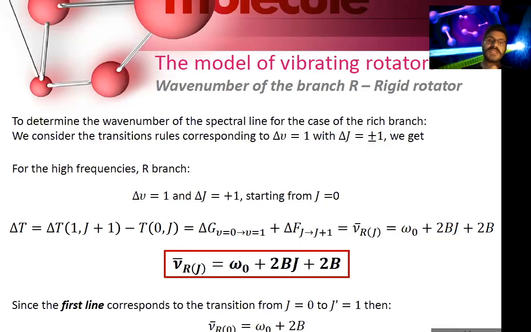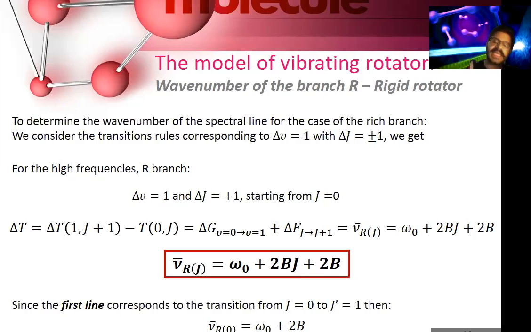Now, what about the R band? Well, the R band is when we have, again, delta V equal plus 1. We change the row, but delta J equal plus 1. And this we can do. Actually, we can do this if J equal 0. Because if you are sitting at the first row, you can go to the second row.